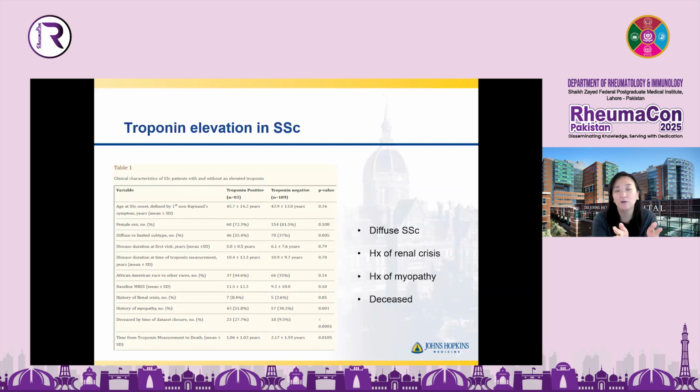All right, I'm going to change corners a little bit, but I'm going to connect the dots. So why am I now switching gears and talking about troponin elevation? I think this is something really dear to my heart, because I have now learned the hard way about how these patients can actually, because heart is muscle. And I think we forget about that a lot of times because we're so focused on a patient's scleroderma skin and their lung and their obviously kidneys and their Raynaud's and the digital gangrene.